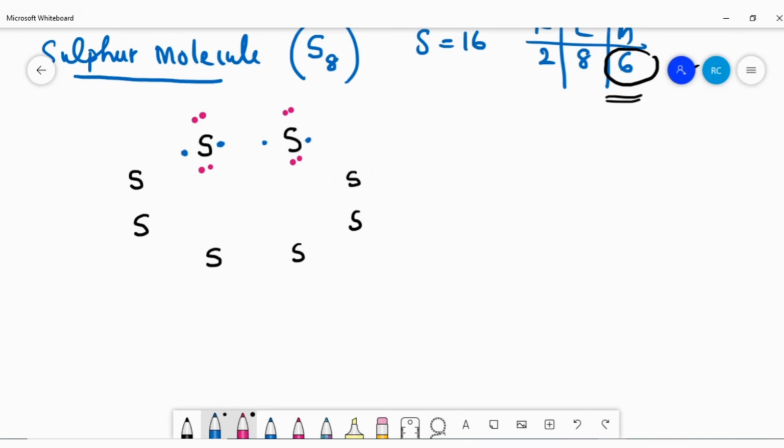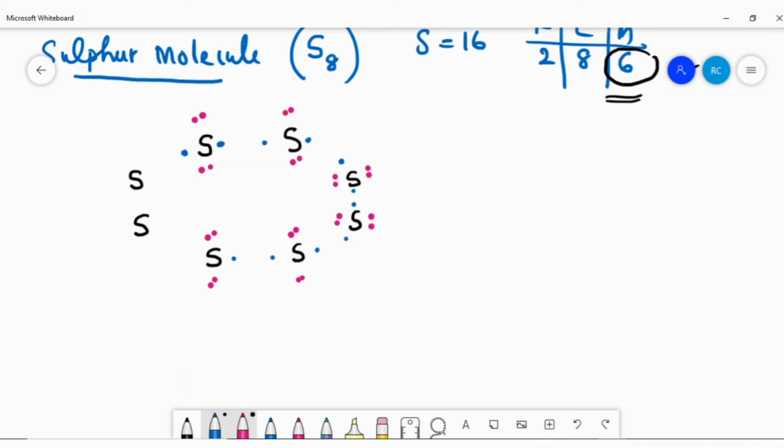Second sulfur, it is sharing its electron with the next sulfur. 2, 4. Again, this sulfur is sharing its electron with the adjacent sulfur. So the remaining 2 electrons. Then take the next sulfur and draw the electrons which are not coming in the bonding, that is called the lone pair electrons.